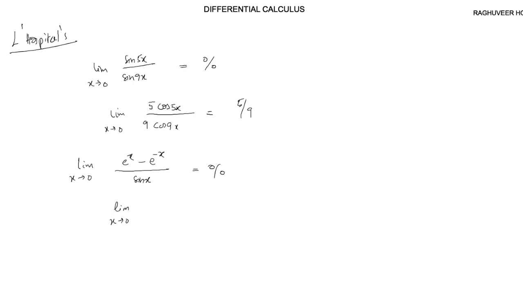Now by applying L'Hopital's rule, limit x tends to 0, this will be e to the power of x plus e to the power of minus x divided by cos x, right? Now by applying x equal to 0, we get 1 plus 1 divided by 1, which is 2.